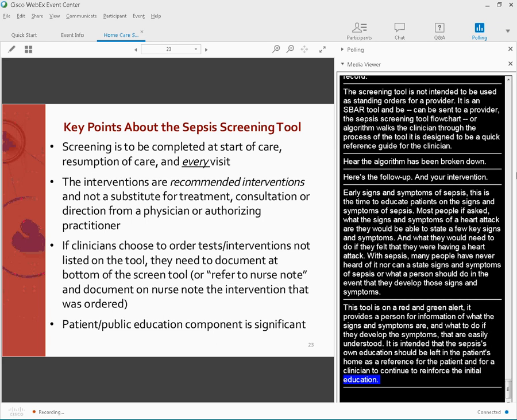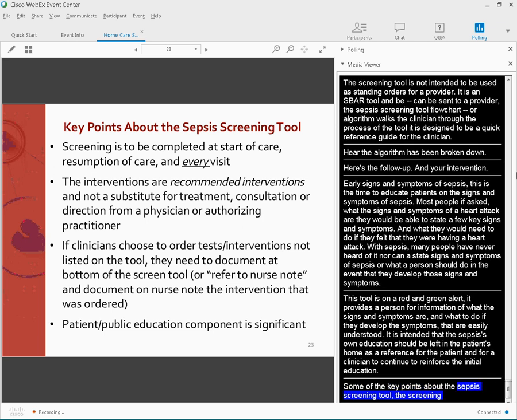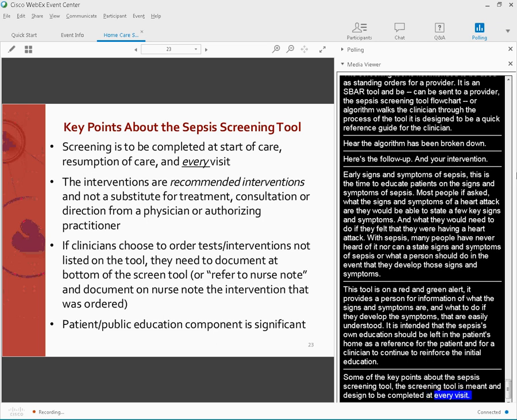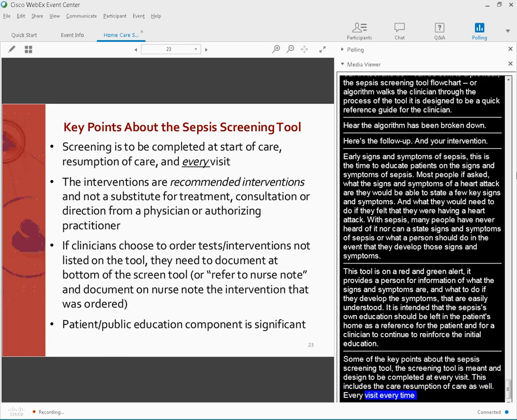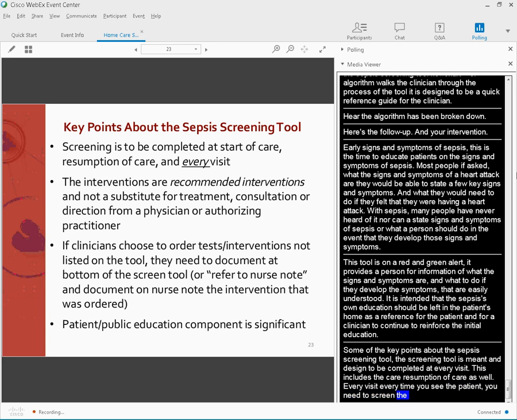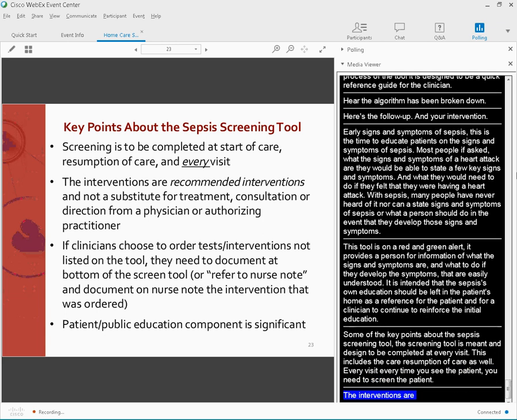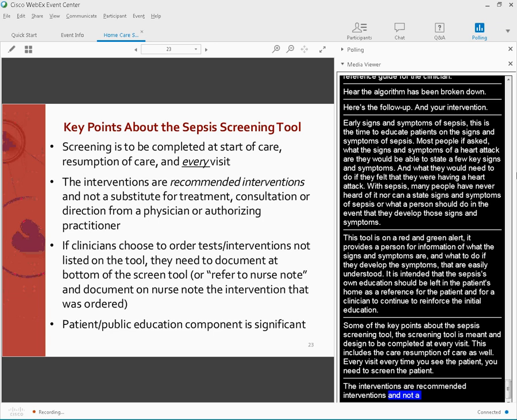Some of the key points about the sepsis screening tool. The screen tool is meant and designed to be completed at every visit. This includes starts of care and resumptions of care as well. Every visit, every time you see the patient, you would need to screen the patient. The interventions are recommended interventions and not a substitute for treatment, consultation, or direction from the physician or authorizing practitioner.